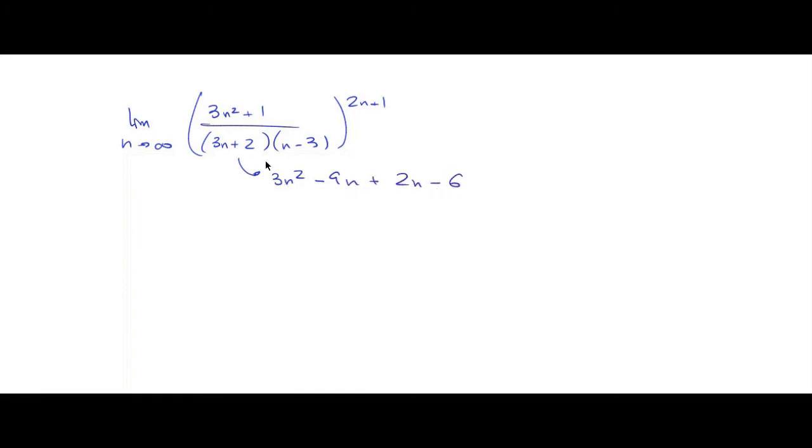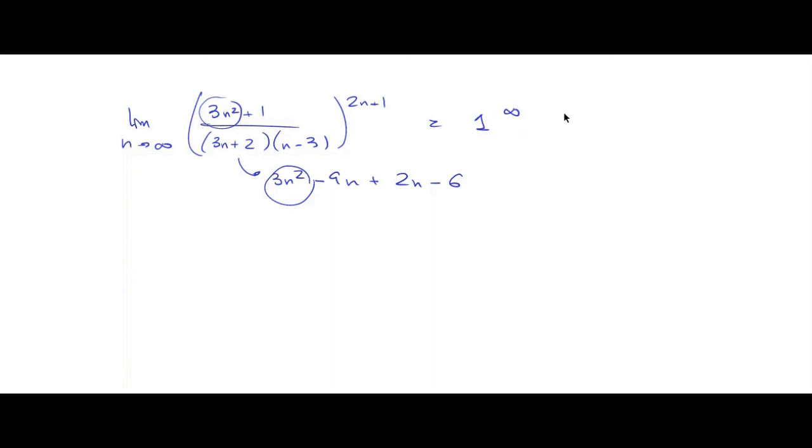So you have 3n squared above, 3n squared below. Remember, you need to always focus on the highest power of the numerator and denominator. So the quotient here is 1. So this is going to be 1 to the infinity. This is an indetermination, just like the type we have seen.